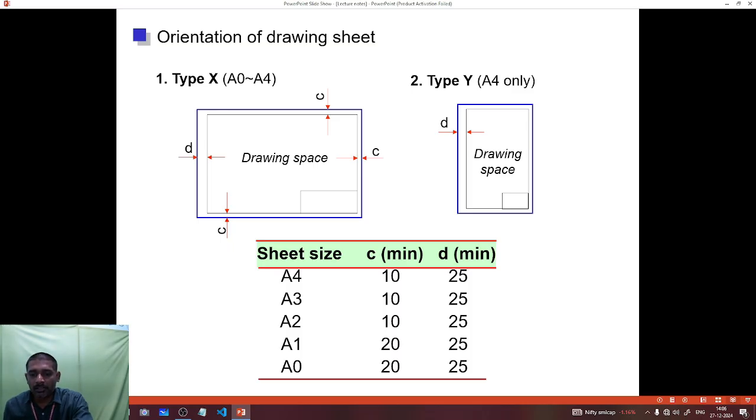Sorry, this is a printing mistake: it's not minutes, it's mm. For the A3 sheet, C is 10 mm and D is 25 mm. A2 is similar to A3 and A4: C is 10 mm and D is 25 mm. A1 and A0 are different from A2, A3, and A4: 20 mm is the C space and 25 mm is the D space.